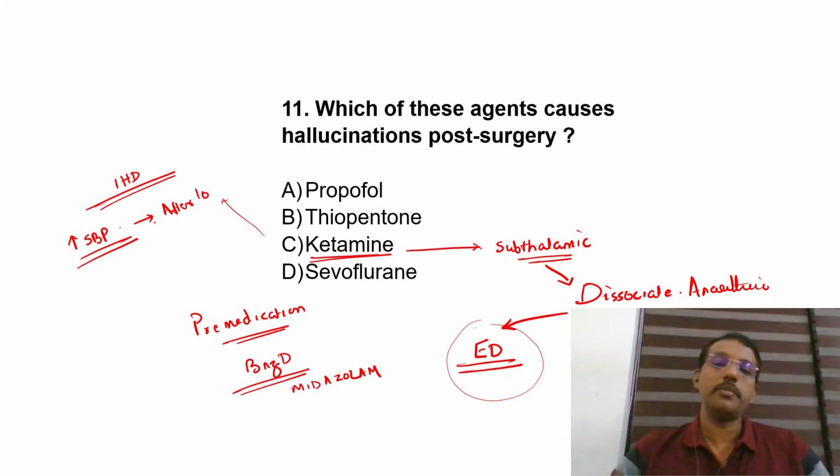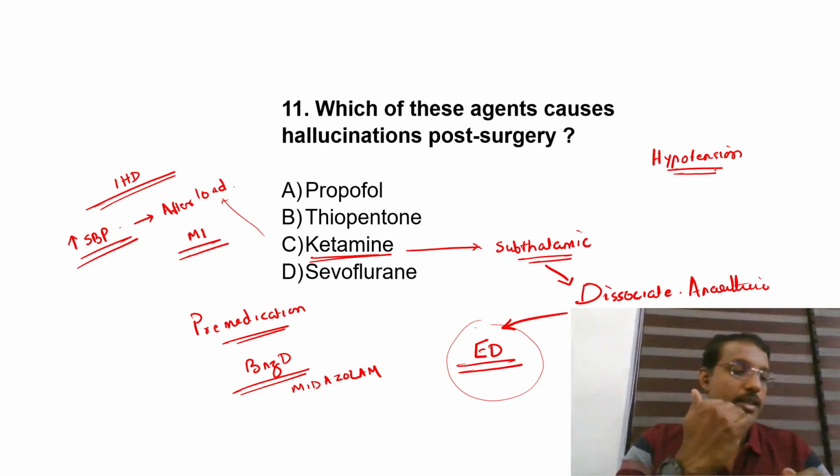The heart has to pump with much more effort, needing more oxygen, and can precipitate a myocardial infarction. So, never use ketamine in a cardiac disease patient. You can use ketamine when the patient is in hypotension. You have to just change that question a bit.